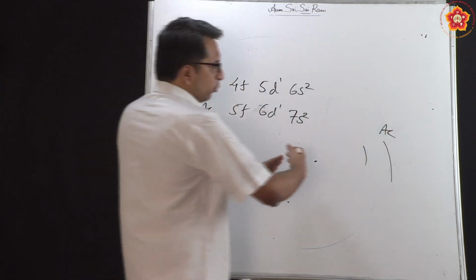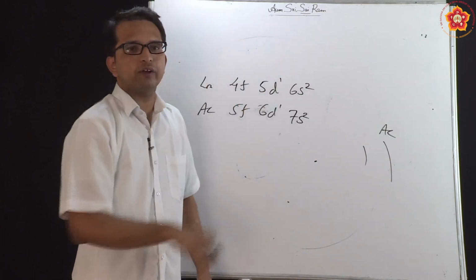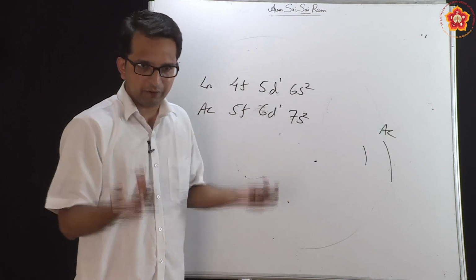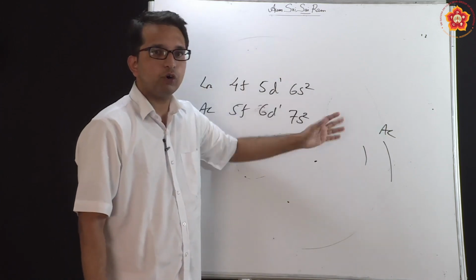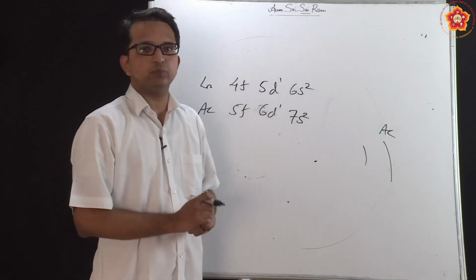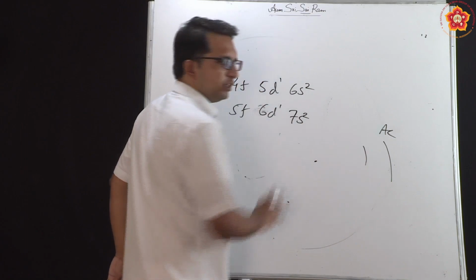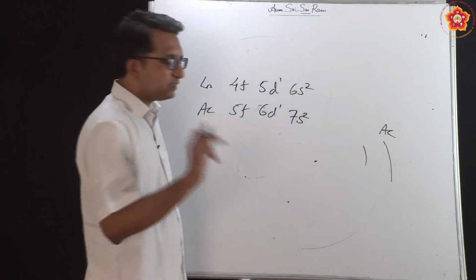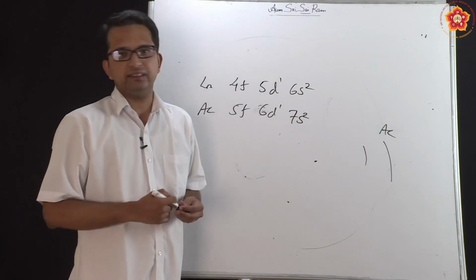Because they are more outside, they can attract other systems more easily, because the unpaired electrons are present farther from the nucleus. And therefore, that is the reason that actinoids are generally more paramagnetic.